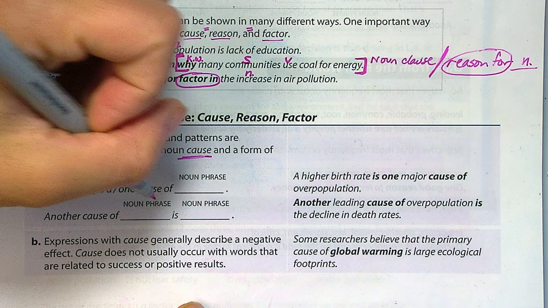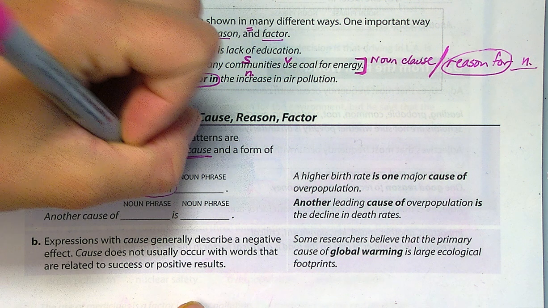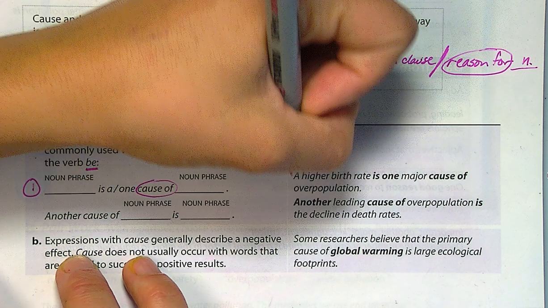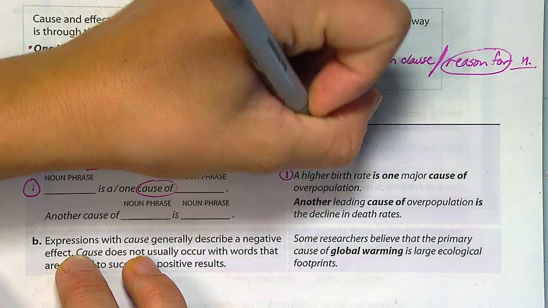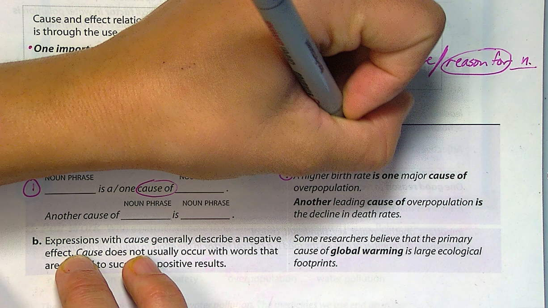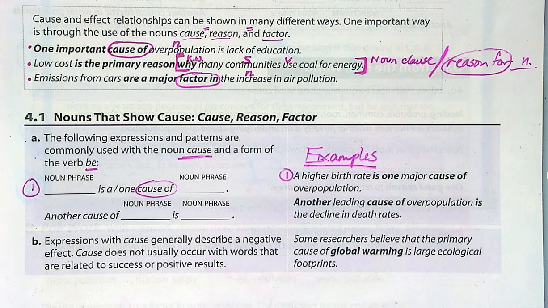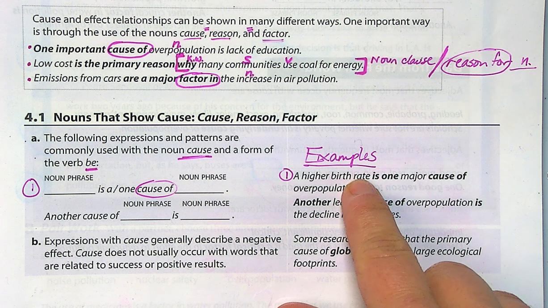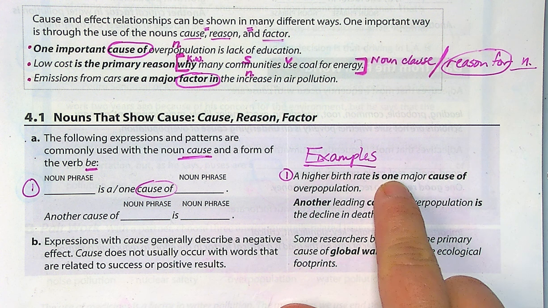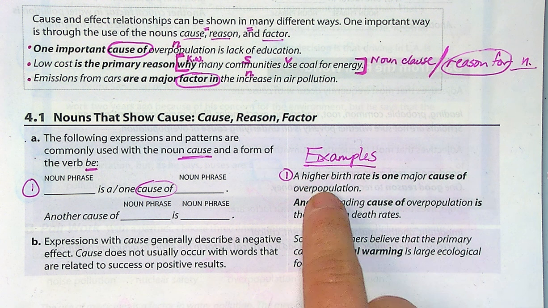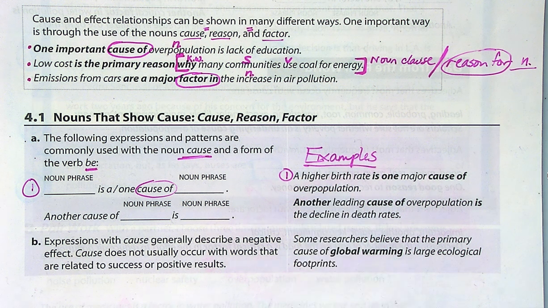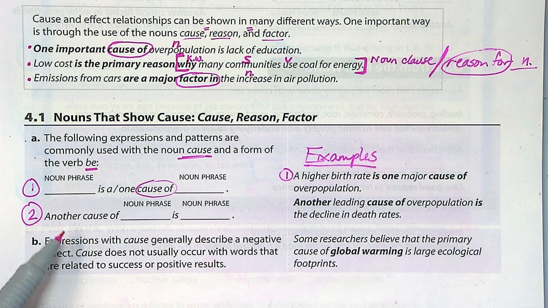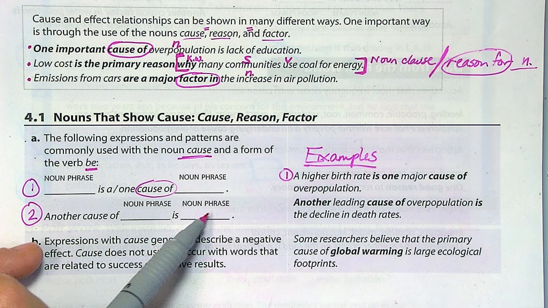Again, we can see our collocation here, cause of, one cause of. In this example, we'll put a number 1 right here. A higher birth rate, this is our noun phrase, rate is the noun, is one cause of overpopulation.